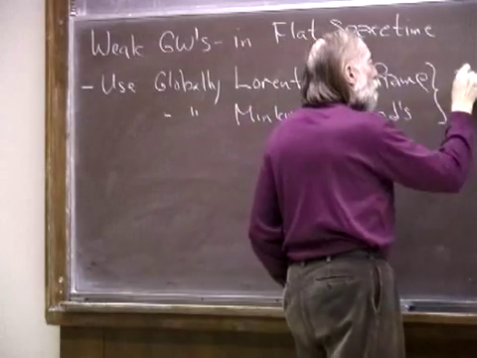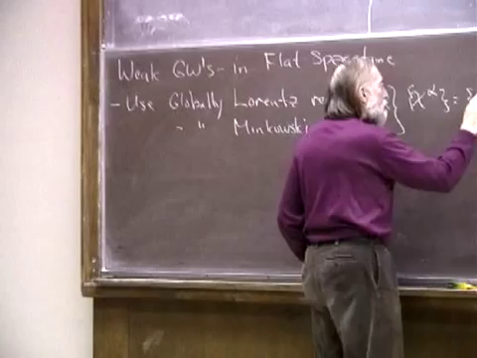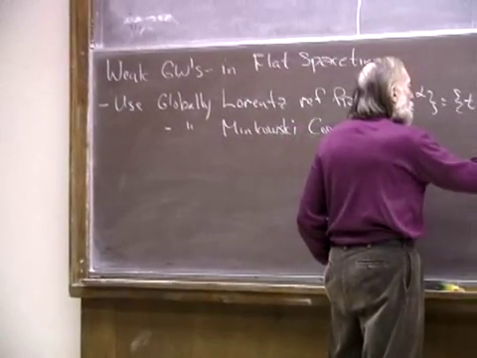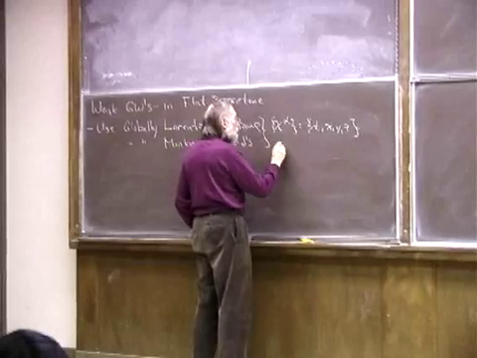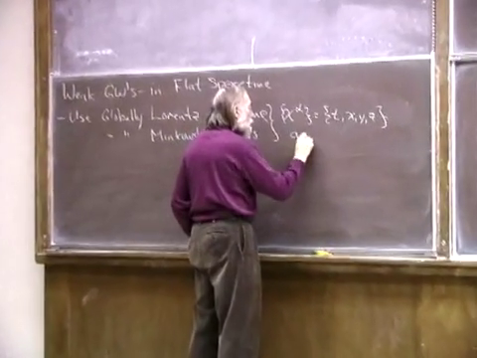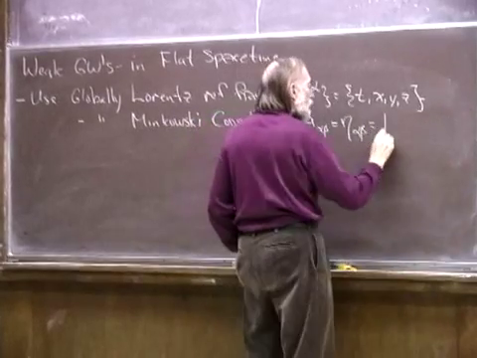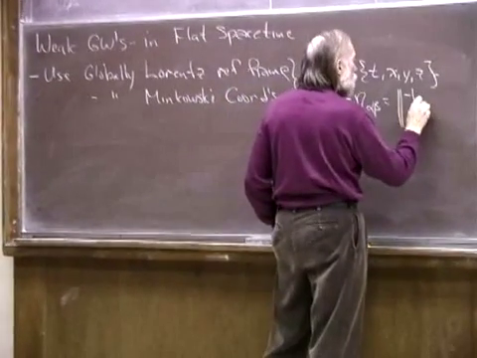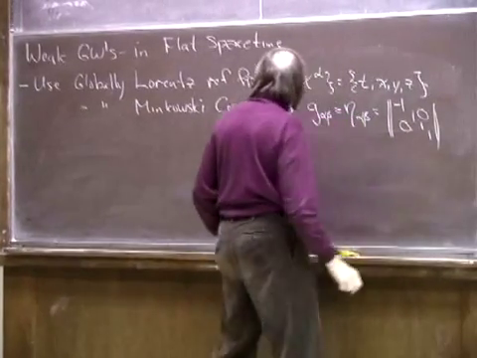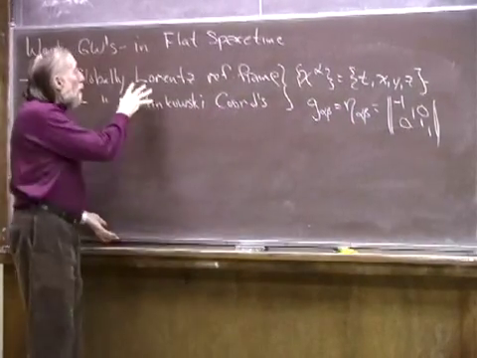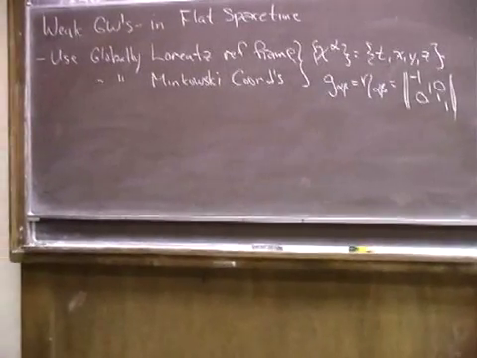So that I have coordinates x alpha, that is t, x, y, and z. And in this coordinate system, the components of the metric are those of the flat metric. That is viewed as a matrix, minus 1, plus 1, plus 1, plus 1 down the diagonal. Now, that's the nature of the coordinate system or reference frame in the absence of the gravitational waves.